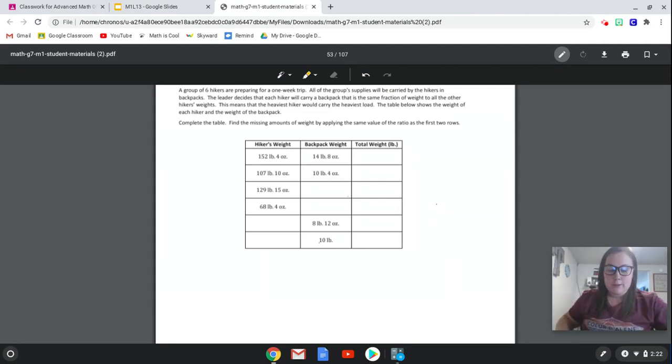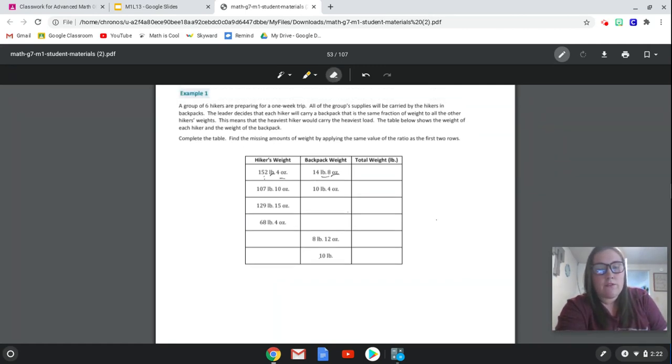So here, there's a couple different steps because we need to first go through and where there's pounds and ounces, we're going to have to get those all to just be pounds. We can't really do much without converting those.